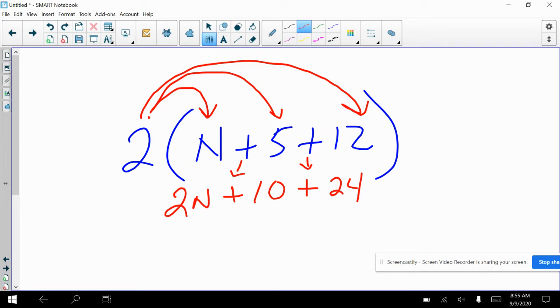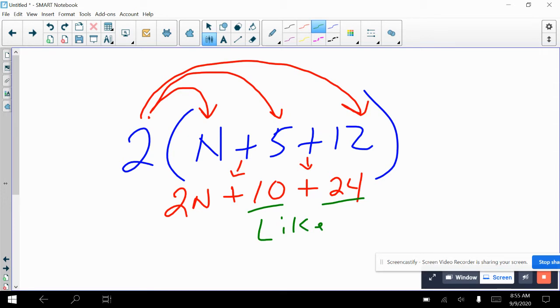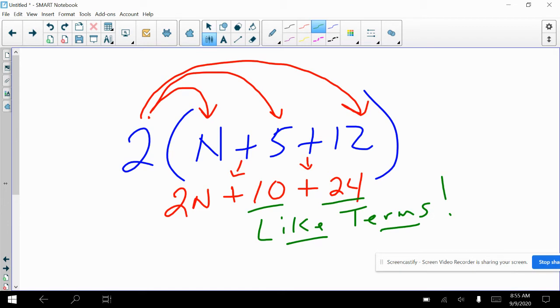Okay, look here. You know what we call these right here? Fancy math term. There's no variable after it. They're not coefficients. The 2 is a coefficient, but not the 10 and the 24. They are called constants, but they are also called like terms, meaning they're the same, i.e., they're constants.